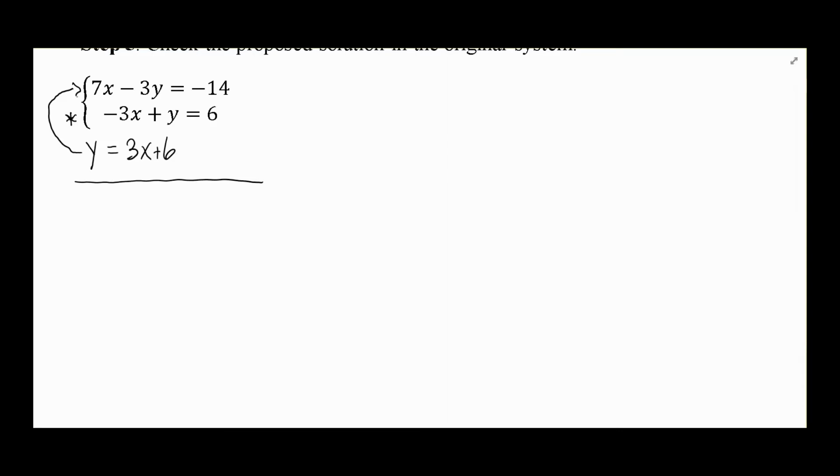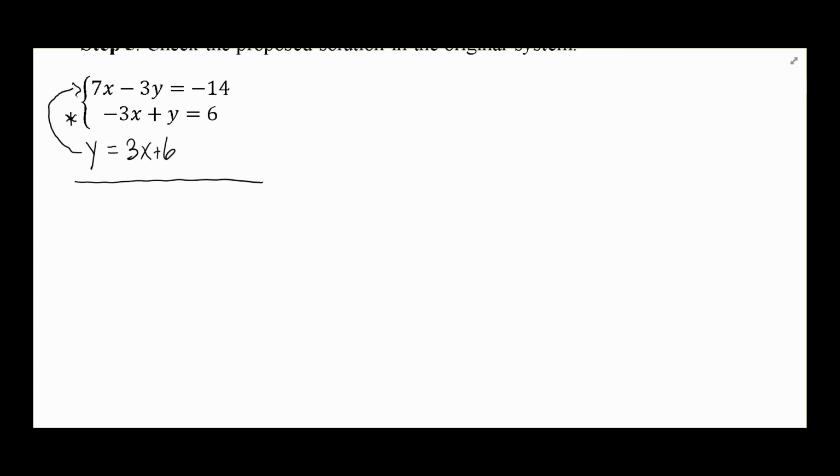So let's take a step back and see what's going on. y equals 3x plus 6. What does that mean? That means y is the same thing as 3x plus 6. They're identical. So anywhere in my problem where there's a y, I could replace it with 3x plus 6 because they're the same thing.